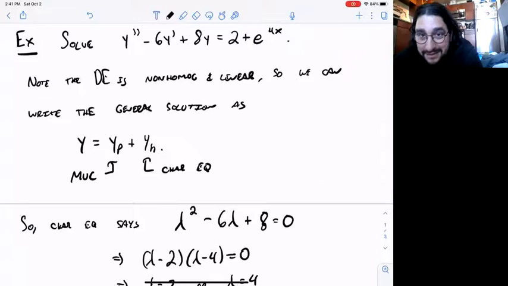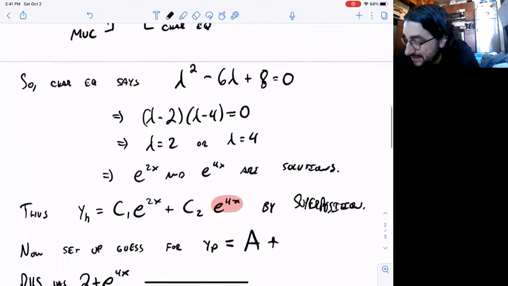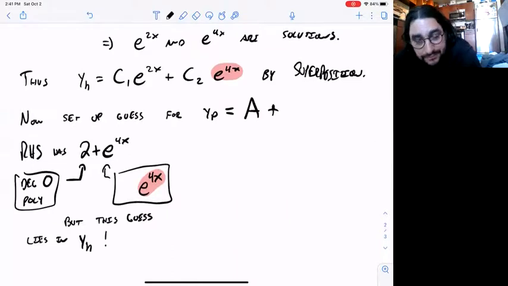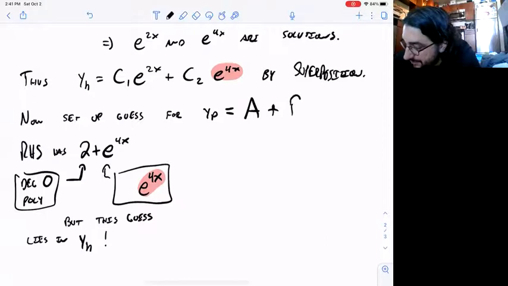So it's not going to give us that e to the 4x if we just plug in constant times e to the 4x, because constant times e to the 4x is already in the homogeneous. So instead, you guess x e to the 4x, right?